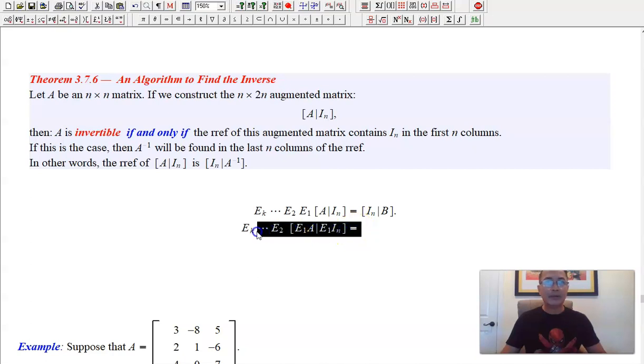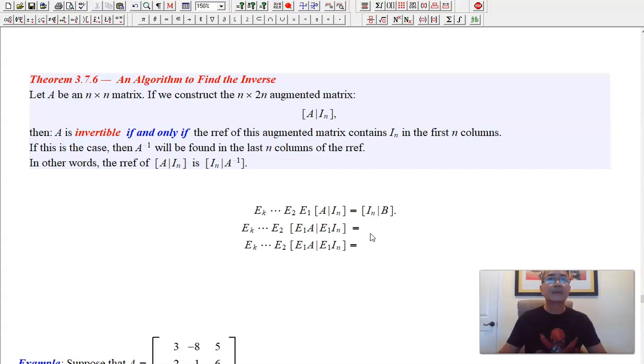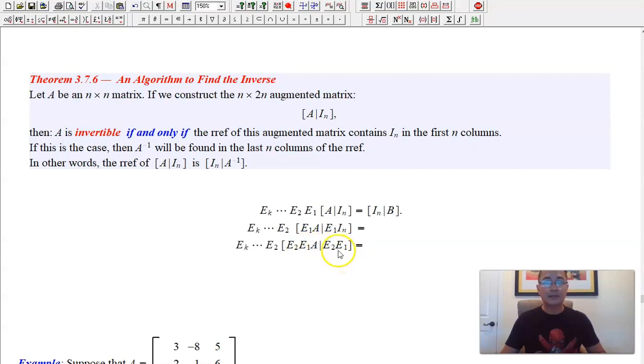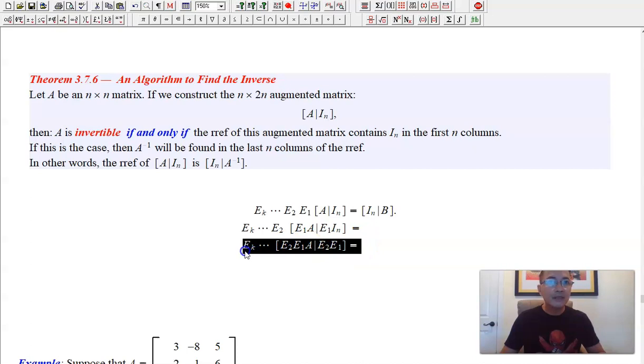Okay, and then we keep going. So we will multiply E2 inside. Okay, but you know what? Before we do that, doesn't E1 times IN simplify to just E1, right? So now bring E2 inside. So we will get E2 times this product, and then E2 times that single matrix. And again, we have the associative property, so we don't have to bother with parentheses, right? Okay, so we have taken care of E2.